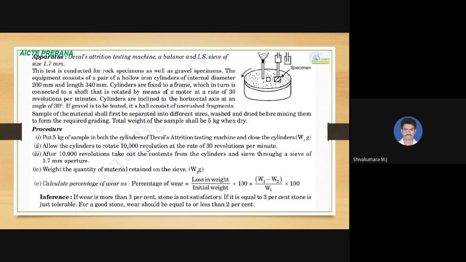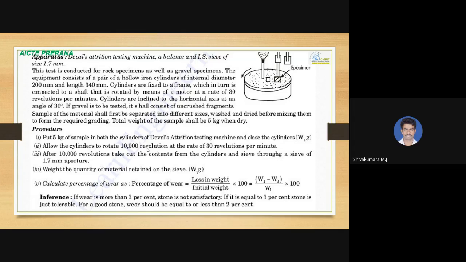The total weight of the sample shall be 5 kg when dried. For the procedure, measure 5 kg of sample in both the cylinders of the Deval attrition testing machine, put it inside, and close the cylinders. Allow the cylinders to rotate 10,000 revolutions at the rate of 30 revolutions per minute. Totally 10,000 revolutions.